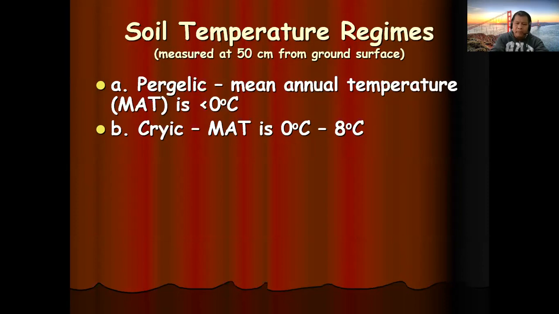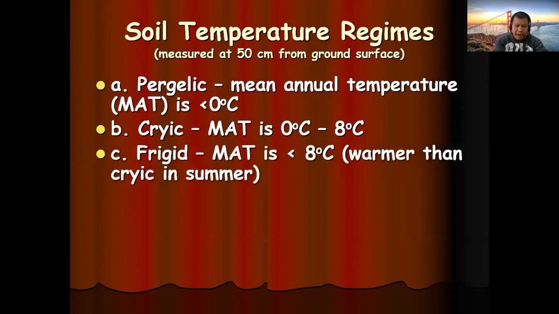Another soil temperature regime is frigid. When the mean annual temperature is less than 8 degrees Celsius and warmer than cryic in summer, then it is frigid, less than 8 degrees Celsius.